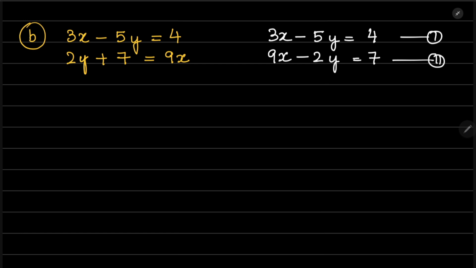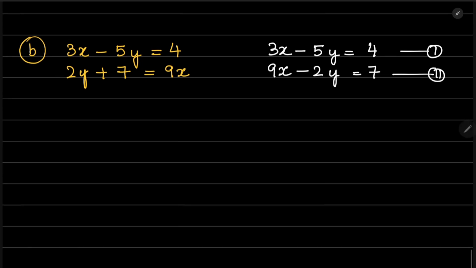Right? Let us use the elimination method. So whenever we would like to eliminate one of the variables, say for example, I would like to eliminate x. So what will I do? Suppose I want to eliminate or remove x, I will make it equal and then subtract it. How will I make it equal? So if I multiply the first equation by 3 and the second equation as it is, let me keep it.